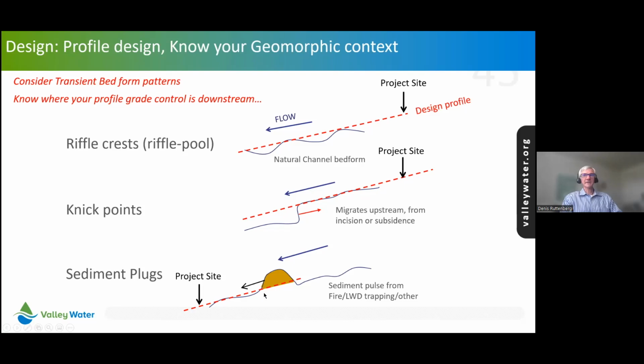When I design my site, is there an existing plug of sediment or potential plugs of sediment that are going to plow through our site and totally bury my large woody debris habitat? Is it a riffle pool channel with a moving bed form, and the bottom of the bed form is going to come up to your site and move through? Think about your design profile in the context of the stream.